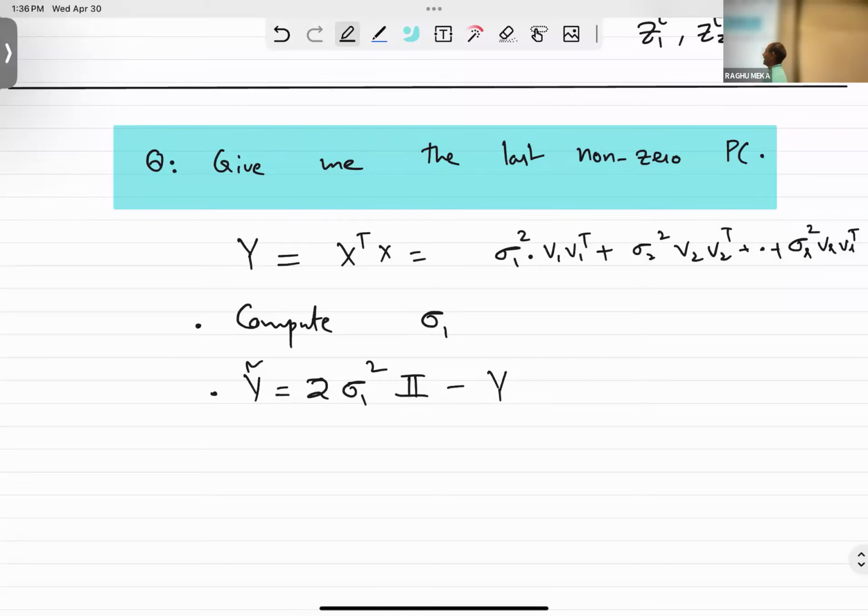Okay, so this is identity minus 1. What is this going to do to the singular values? It will shift them all. So, as an identity, this is basically 2 sigma 1 squared minus sigma r squared times, okay, let me write it down properly first.